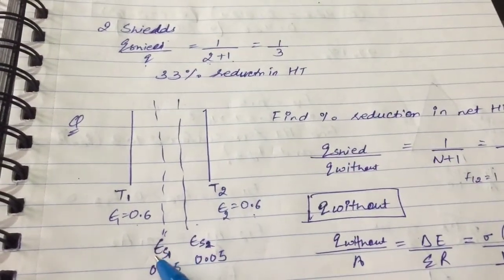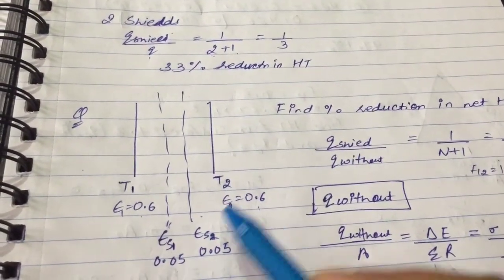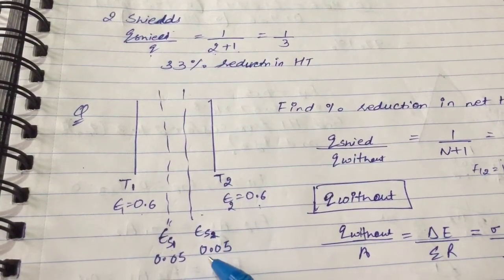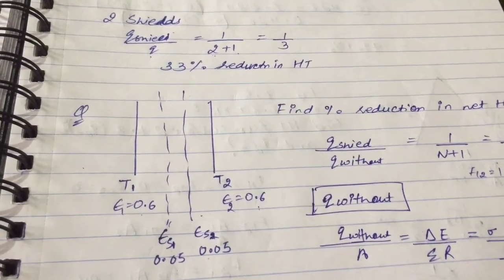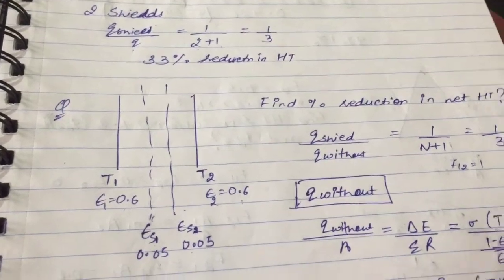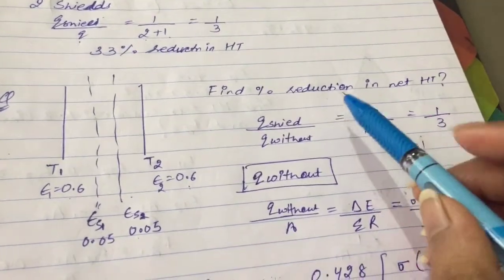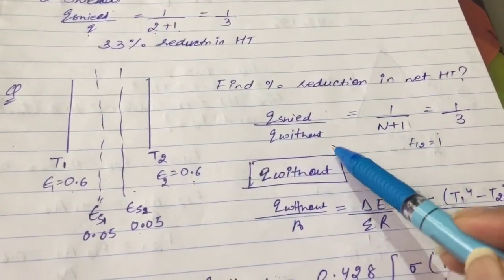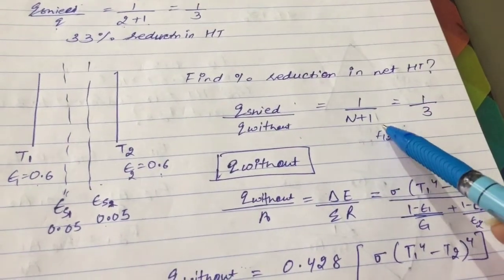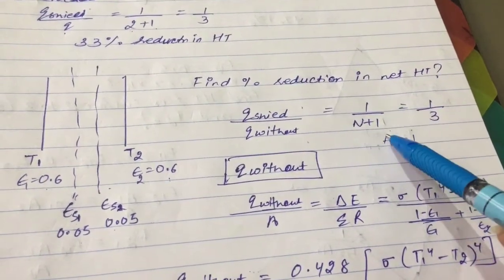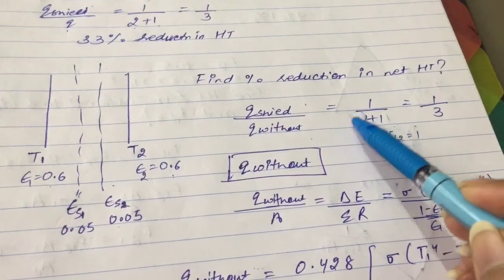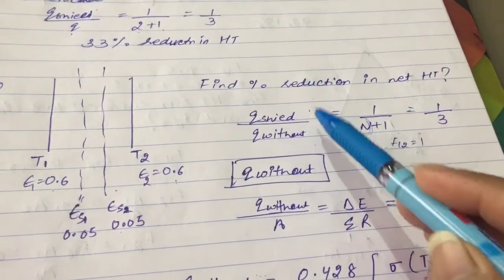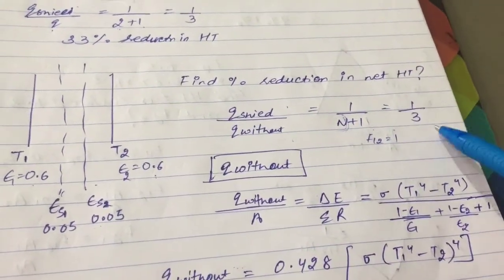Epsilon for shield 1 is 0.05 and epsilon for shield 2 is also 0.05. Okay, so we know that Q with shield upon Q without shield is equal to 1 by n plus 1, and n is the number of shields, given as 2. So Q with shield by Q without shield comes out to be 1 by 3.